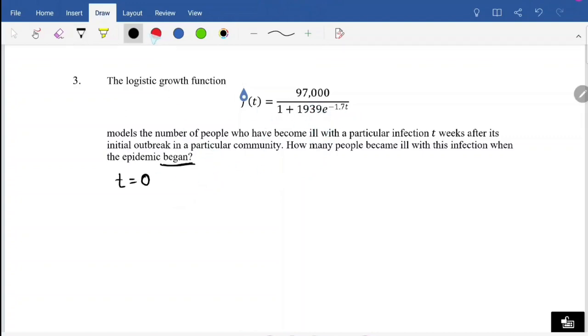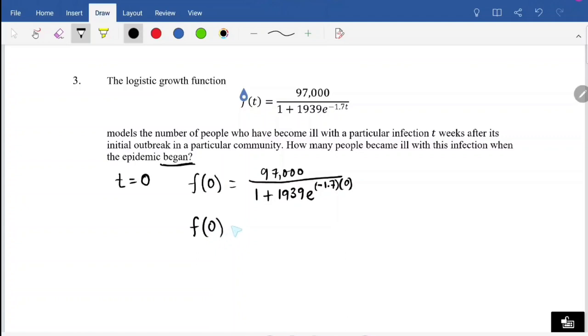To solve this problem, we have f of 0. We plug in 0 for t, so 97,000 divided by 1 plus 1939 times e raised to the negative 1.7 times 0. Let's see what we get here.